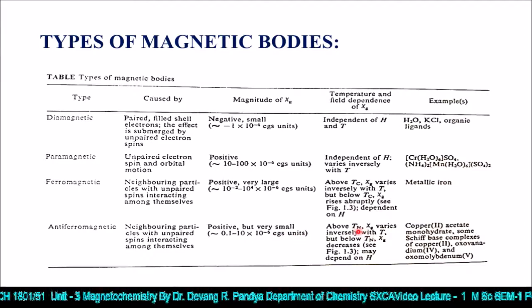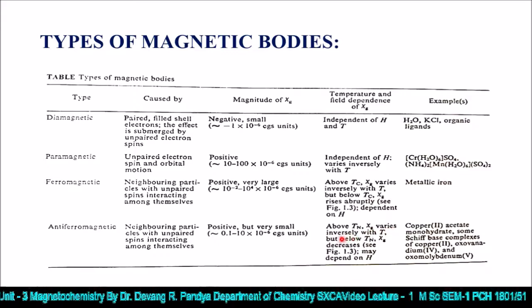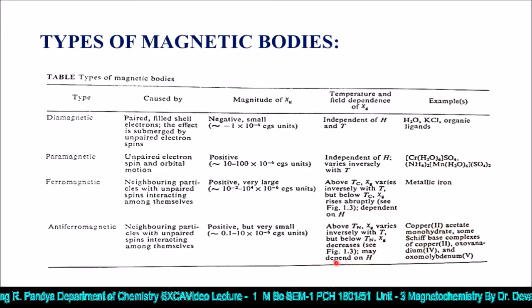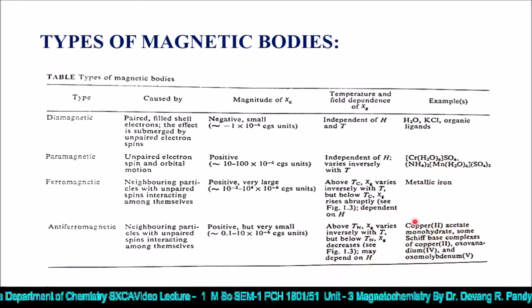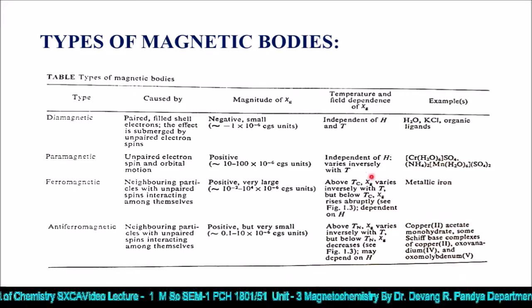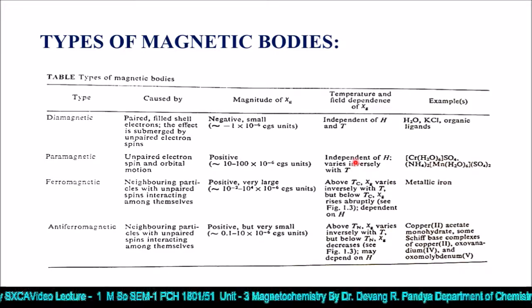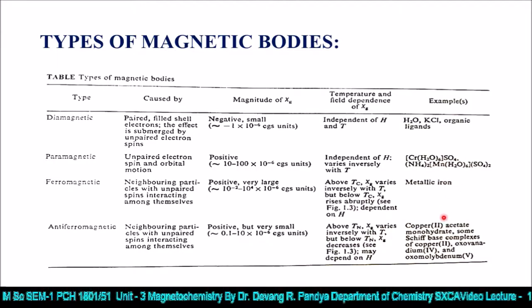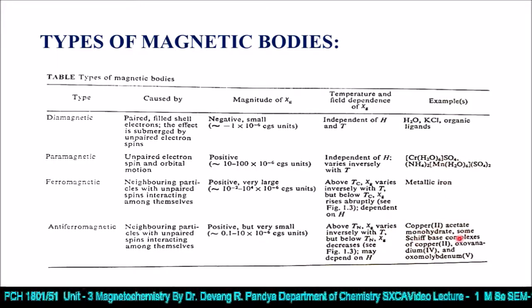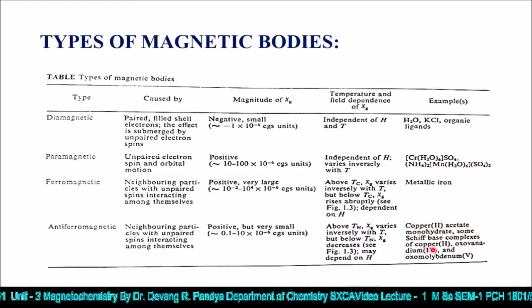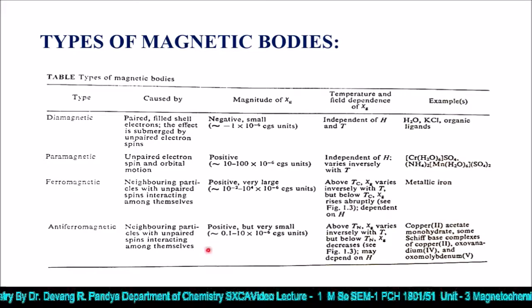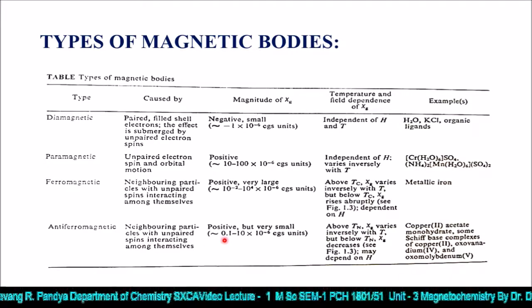Above the Néel temperature, the gram magnetic susceptibility varies inversely with temperature, but below the Néel temperature, the gram magnetic susceptibility decreases, and it may depend on the applied field. Both of these depend on the applied field, while paramagnetic is independent of the applied field. That is the difference between paramagnetic, ferromagnetic, and antiferromagnetic. Examples are copper(II) acetate monohydrate, some Schiff base complexes of copper(II), and oxovanadium and oxomolybdenum complexes, which act as antiferromagnetic material.